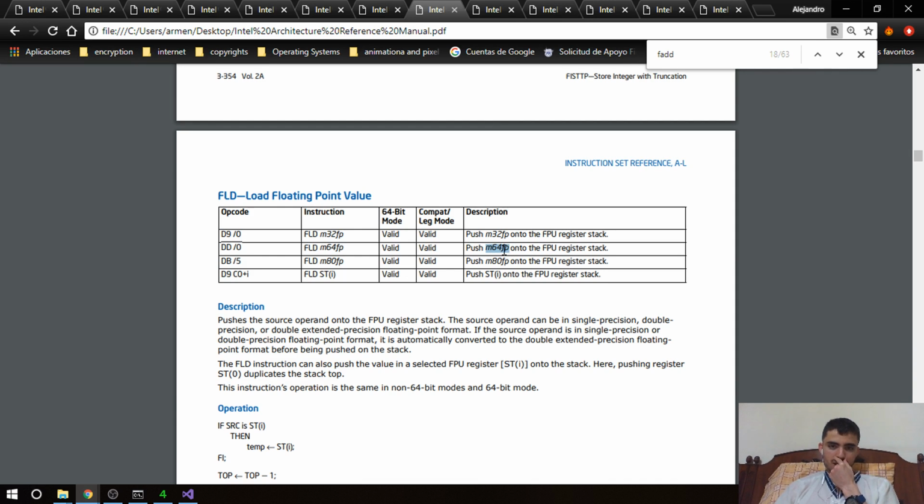Now this is a 64-bit floating point onto the FPU register stack. That's a little bit weird, isn't it? Well, it's the memory, it's a floating point 64. That means we're loading a double precision value onto the FPU register stack.